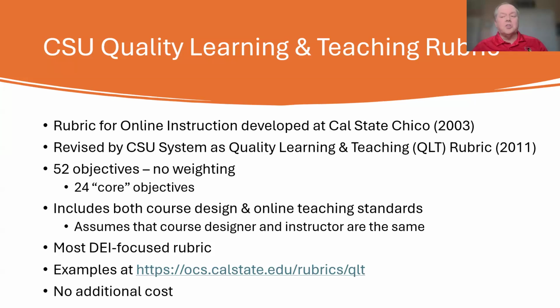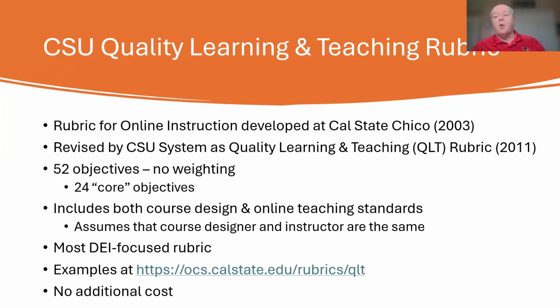As far as the standards go, the CSU has the most standards focused on diversity, equity, and inclusion than any of the other standards. So if the inclusion and DEI of your online courses is important, this is a very good rubric for you to use.